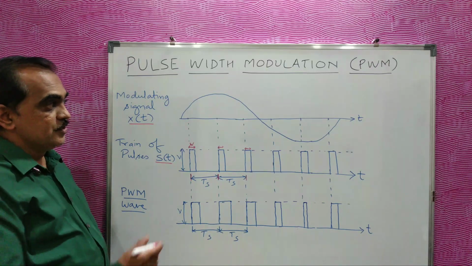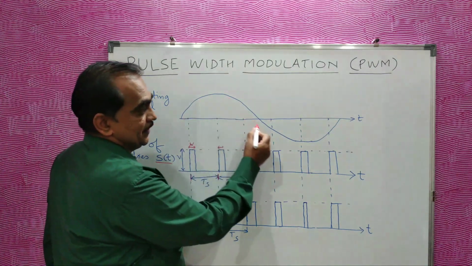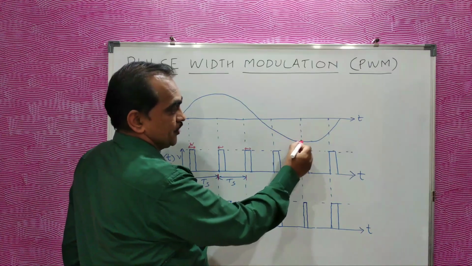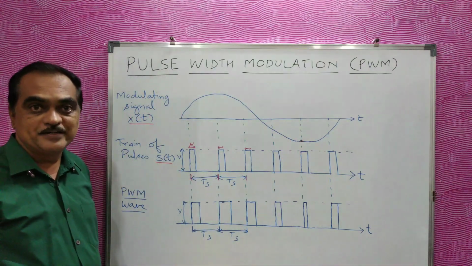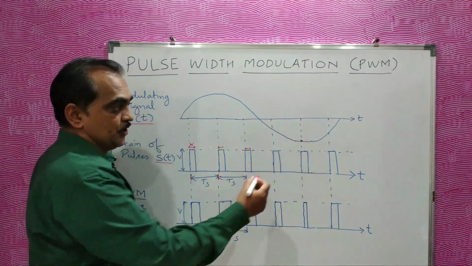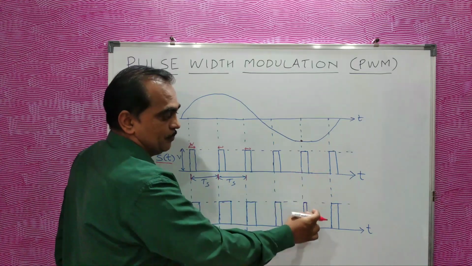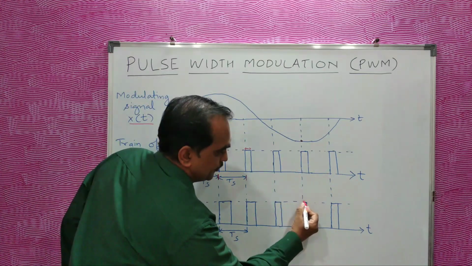Now we will see which is the lowest voltage here. If you go on seeing, this is the lowest voltage, which is the lowest negative part. So here this width, what it was originally, will become very narrow. You can see here it has become very narrow.